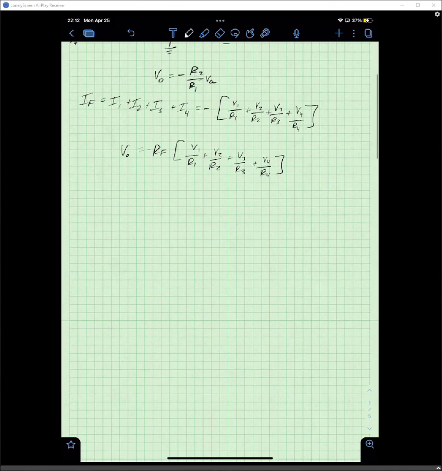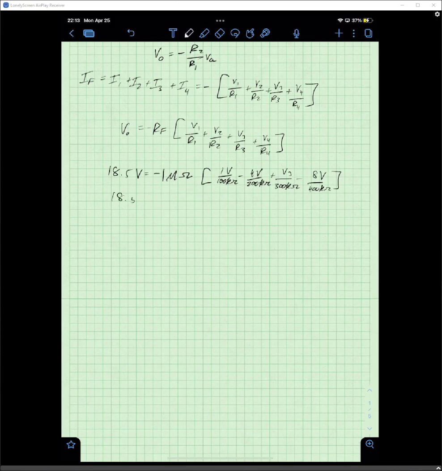So what we're going to do is use that same summing equation. 18.5 volts equals negative 1 mega ohm times 1 volt over 100 kilo ohms minus 4 volts over 200 kilo ohms plus V3 over 300 kilo ohms minus 8 volts over 400 kilo ohms.